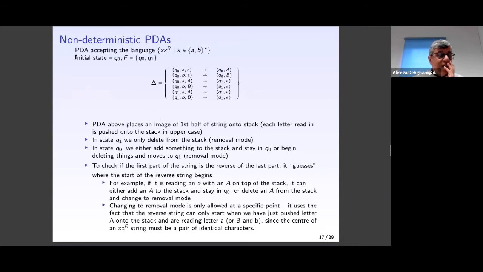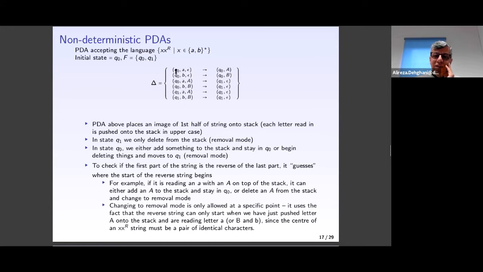Okay, let's go a little bit faster. We are in a time shortage. So, a PDA accepting the language, initial state Q0. We have the rules. The PDA above places an image of the first part of the string into the stack. Each letter it reads is pushed, and then in state Q1 we only delete from the stack.